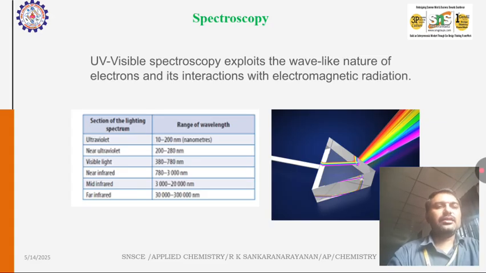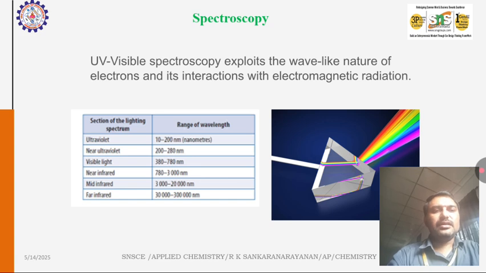The UV light is generally 10 to 100 nanometers, and near ultraviolet is 200 to 280 nanometers. Visible light is around 380 to 780 nanometers, near infrared is 780 to 3000 nanometers, mid infrared is around 3000 to 20,000 nanometers, and far infrared is 30,000 to beyond 3 lakh nanometers.